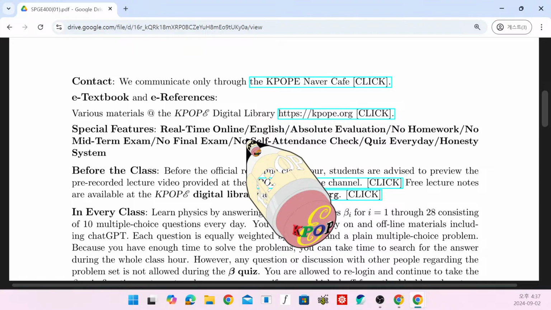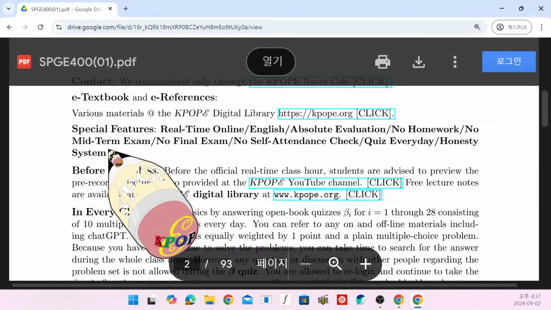We do not have any homework, no midterm or final exam. Our exams are every day. Every single day we take an exam. That is called a quiz, and another name of this quiz is a beta test.